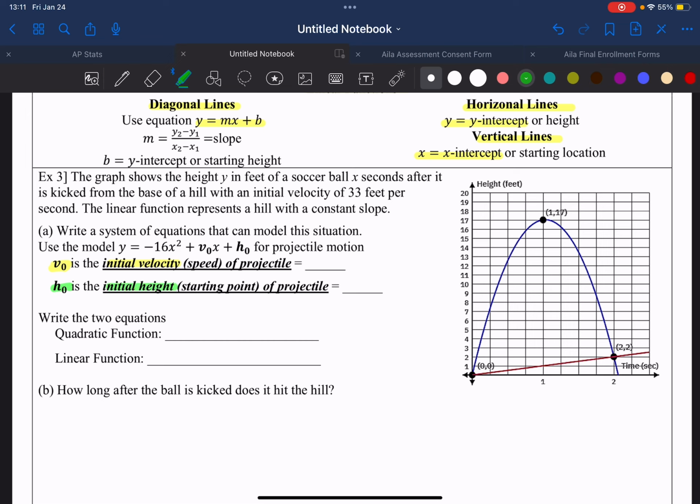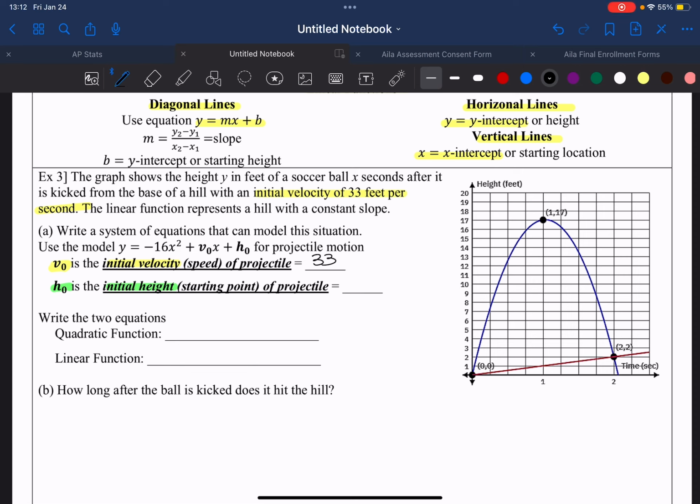So in order to write our quadratic function, we have to use that model of y is equal to negative 16x squared plus v naught x plus h naught. And we can find those values in the problem. Initial velocity v naught, it says the initial velocity is 33 feet per second. So on the line for v naught, I'm going to write 33.